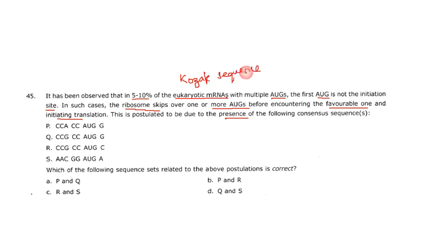So the AUG which is not present near the Kozak sequence is skipped, but the one present in the Kozak sequence, which is CCAUGG, is the first initiation codon. So this is the consensus sequence, the Kozak sequence, which is the initiation site in most eukaryotic mRNA transcripts. Clear? So the answer will be P and Q.